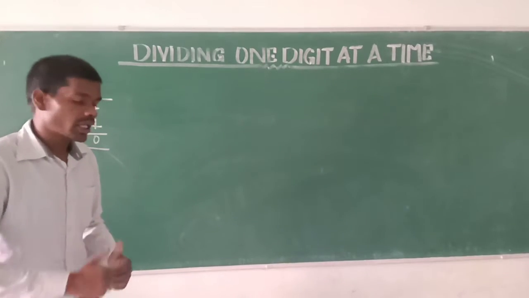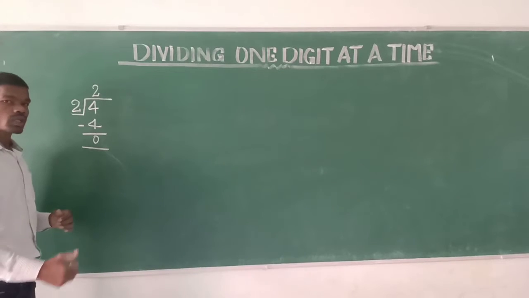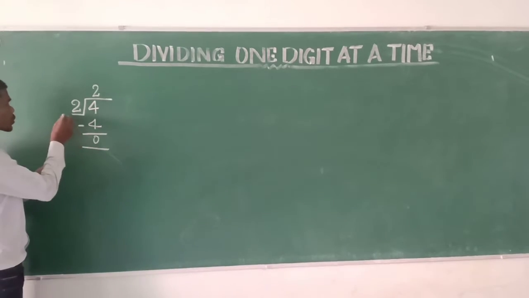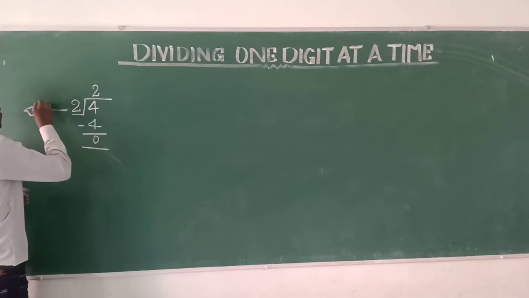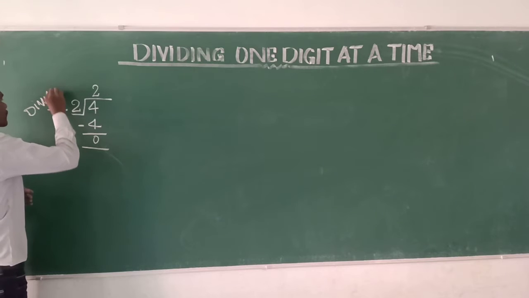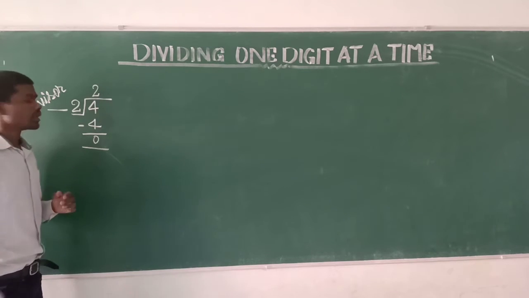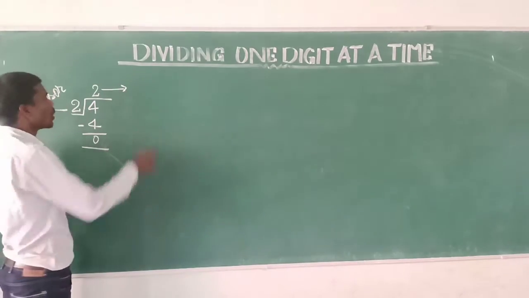Now, very important thing. In the previous class we have already studied, but I would like to draw your attention here that this part is called what? Divisor. And this is called what?